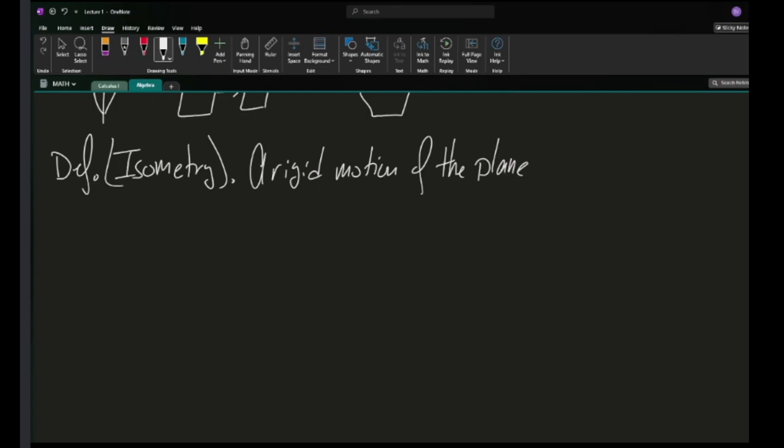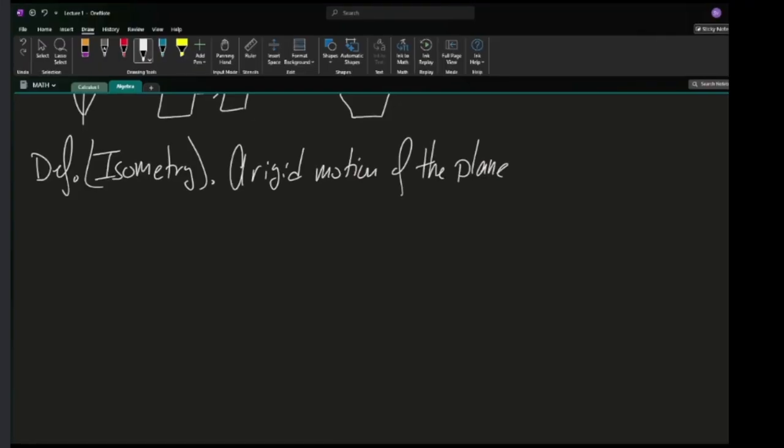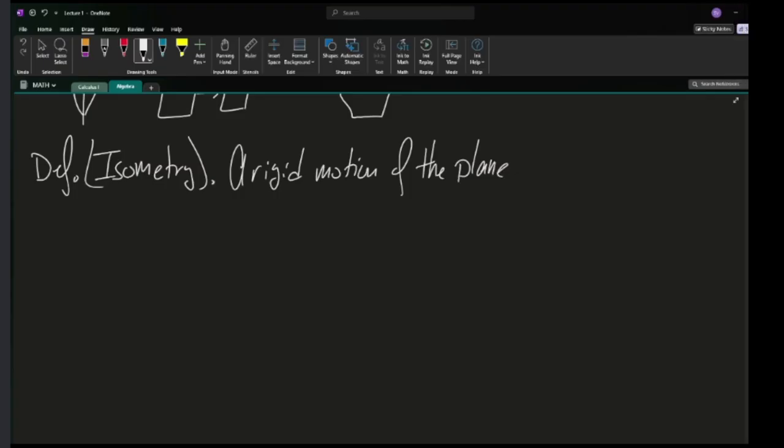It's literally taking an object of any sort of shape or form and just mixing with it, but nothing that actually alters the figure itself, other than the fact that we're doing rotations, reflections, and translations most of the time, at least.